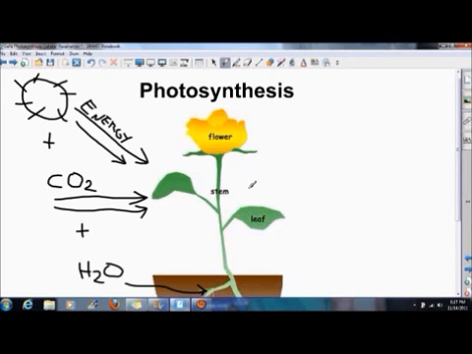Now, glucose is sugar, and sugar is C6H12O6. So that is its food or sugar, which is glucose.